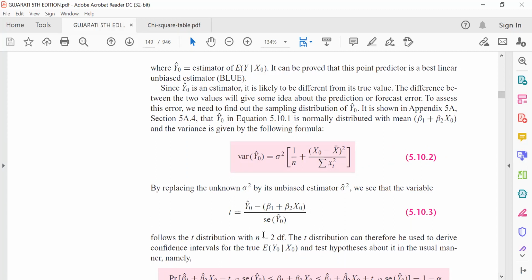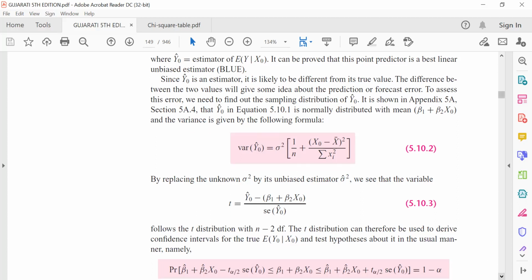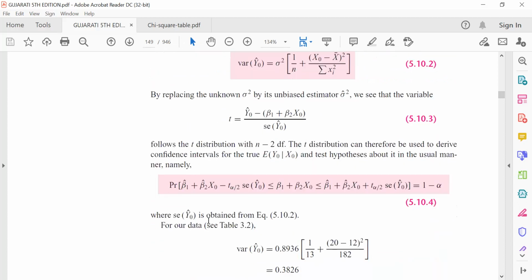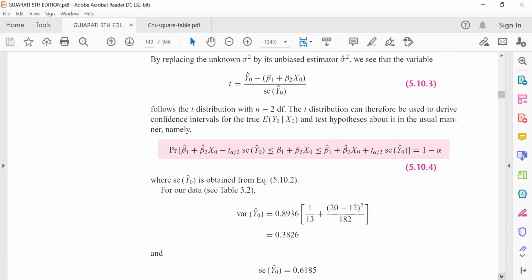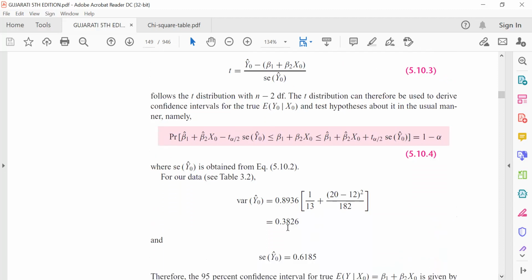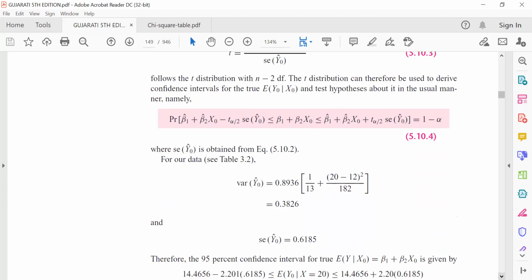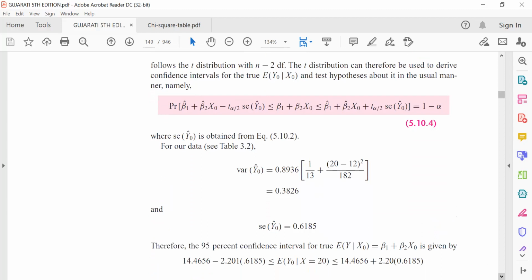We insert the value from the other equation into these equations, and then we can calculate this probability. The variance of y hat is 0.3826, and its standard error is 0.6185.